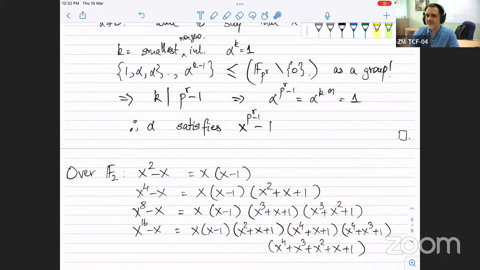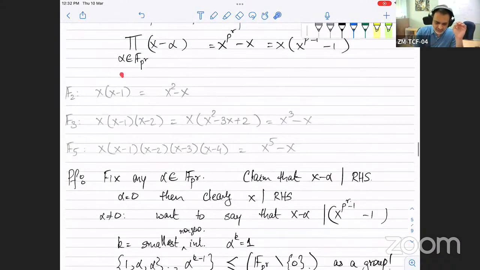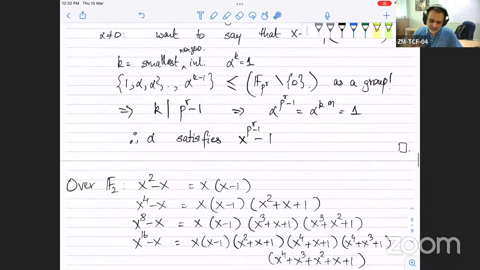If you factorize x^8 minus x and x^16 minus x, etc., it splits into irreducible factors over the base field. Had I factorized this over the field F4, it would actually split into 4 linear factors. But if you're factorizing over F2, maybe some of those factors you can't write over F2, which is why you have one.